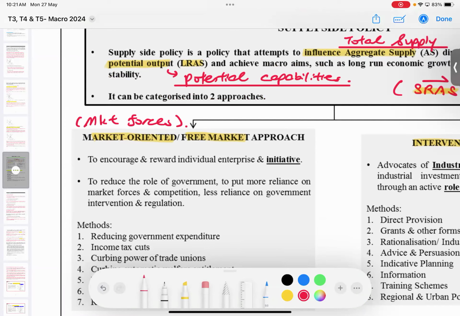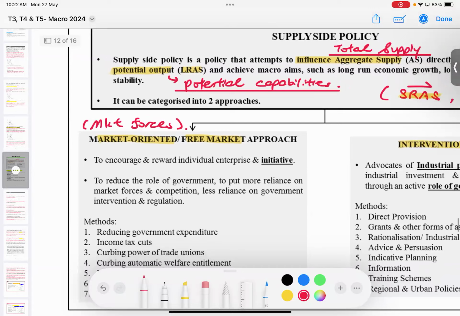When we talk about the free market approach, the government doesn't do much. The government just relies on market competition to encourage the firms to produce more, to be more productive, or to be more efficient. So that reduces the role of government.